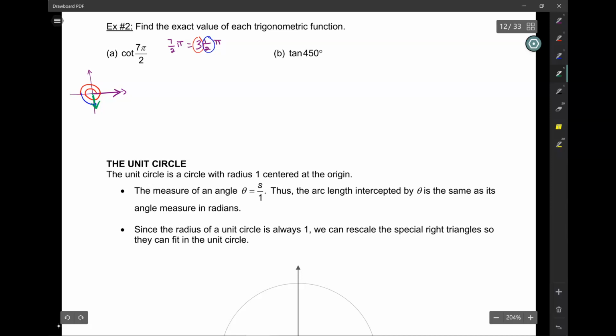Okay? So I don't care how many loops it took to get there. A possible coordinate point there is 0, negative 1. So now, cotangent of 7 pi over 2 is x over y, negative 1 over 0, undefined. Is it 0? Oh, I'm so sorry. It's 0 over negative 1, which is 0.